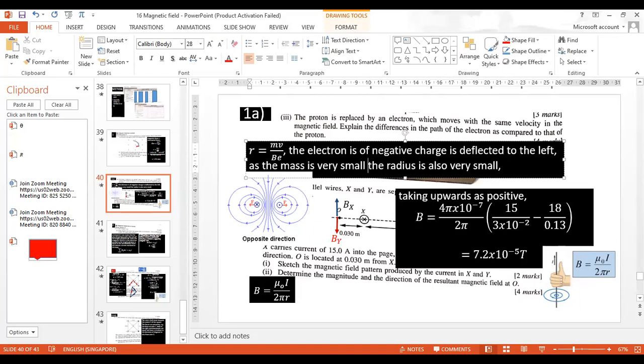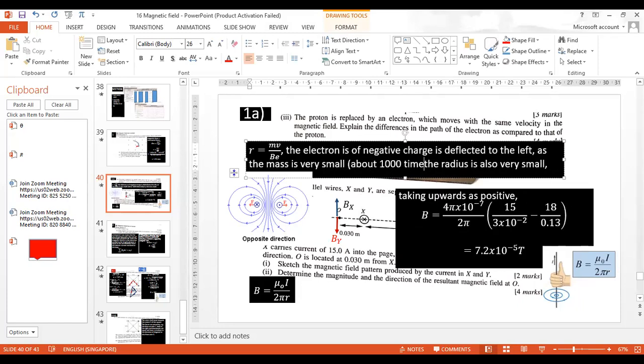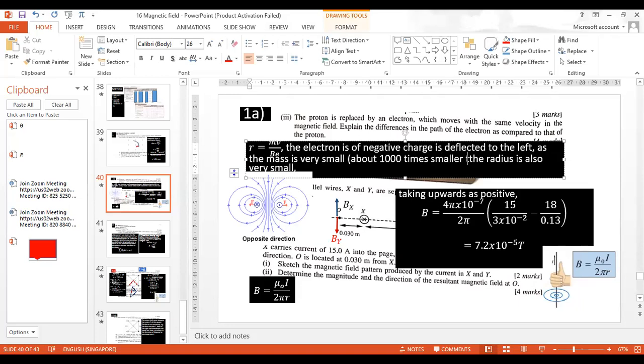So you can say that it is about 1,000 times smaller than the mass of proton.